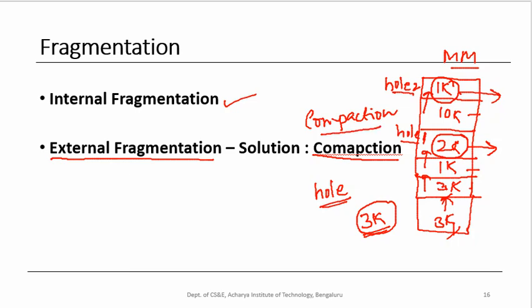But this is a huge effort of moving all the processes up and moving all the free space towards one side. Therefore we say that contiguous memory allocation is not that efficient, and we'll have to look for some other approach which will solve this problem.